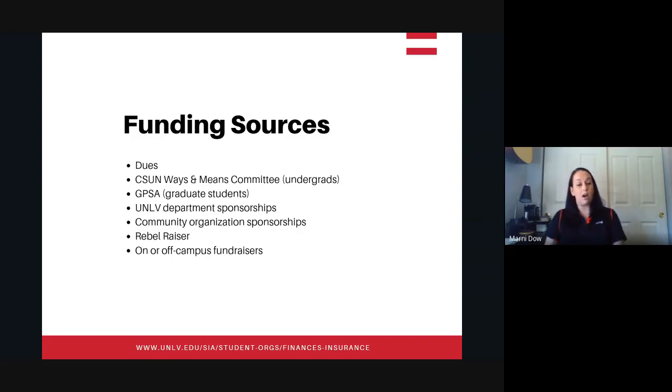Rebel Raiser is our crowdfunding platform run by the foundation. It's similar to GoFundMe, but it's run through the institution, which means that there are some definite benefits to the organization in utilizing it. And then a lot of organizations will also just do on or off-campus fundraisers. These are your more traditional things like a bake sale or a car wash. And we'll talk about some fundraising opportunities later on.